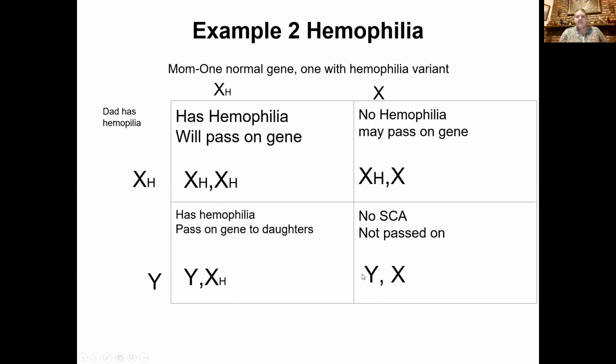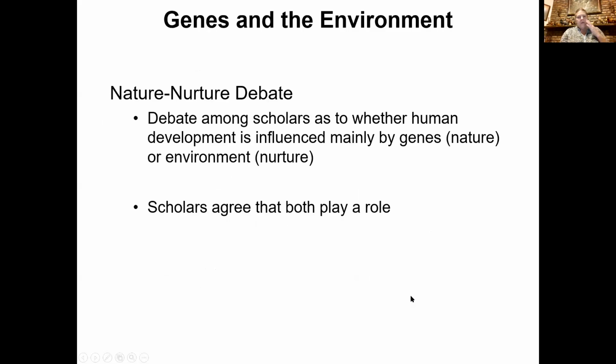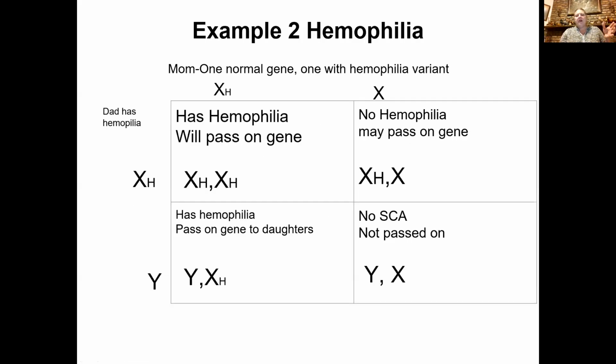And this child, this is a male child, did not get the X with the variant, did not get the Y with the variant. So this child does not have hemophilia and doesn't pass it on, okay? So those are our examples of sex-linked genetic disorders, okay?